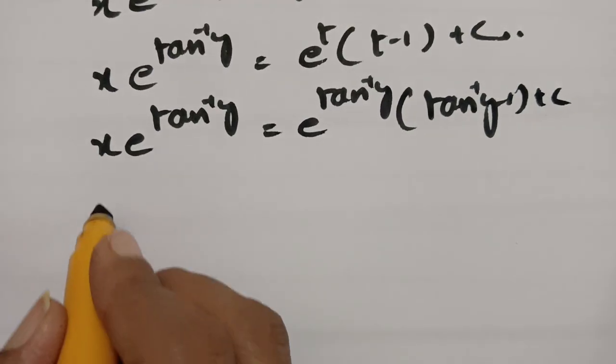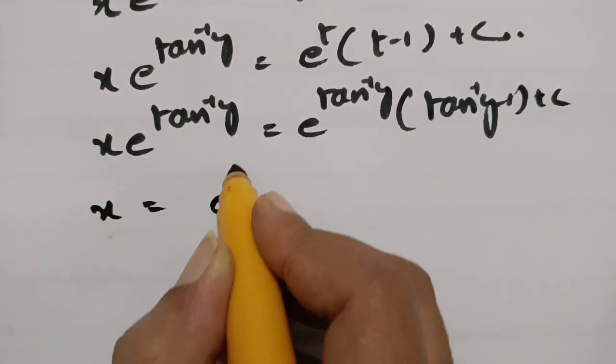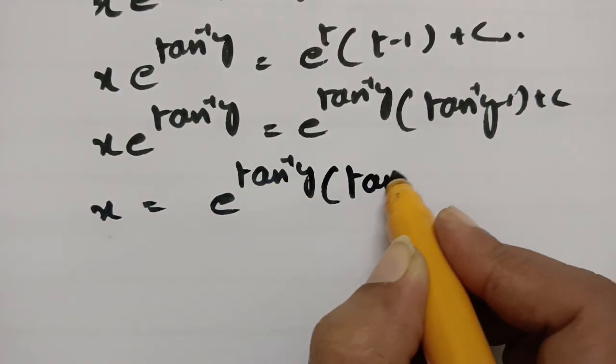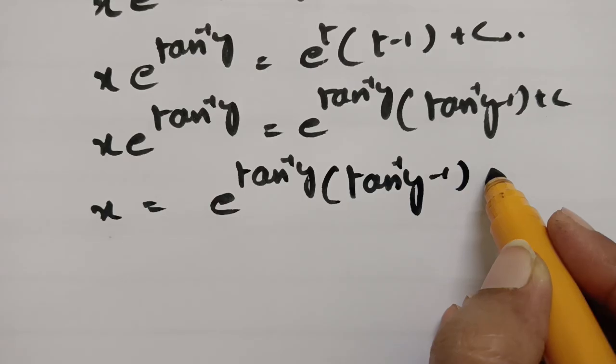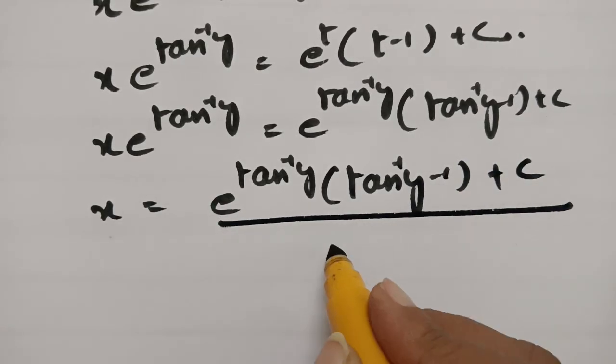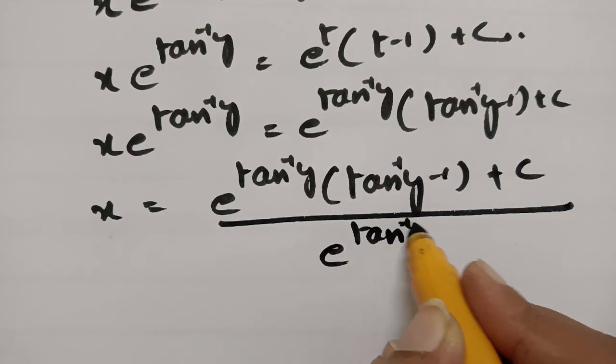So if I send this to the denominator, then x value becomes e power tan inverse of y into tan inverse of y minus 1 plus c, and if I send this here, this value is going to become tan inverse of y.